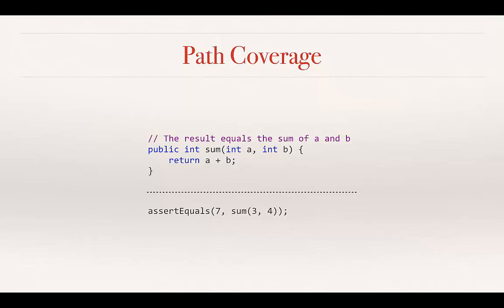Since this method does not have any conditions, it only has one path. Therefore, any test case for this method will cover that path. In this case, we're testing that the sum of 3 and 4 equals 7. And this does indeed pass.